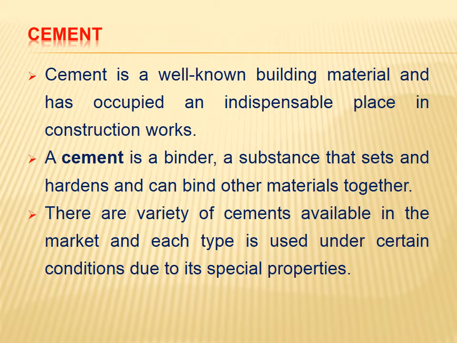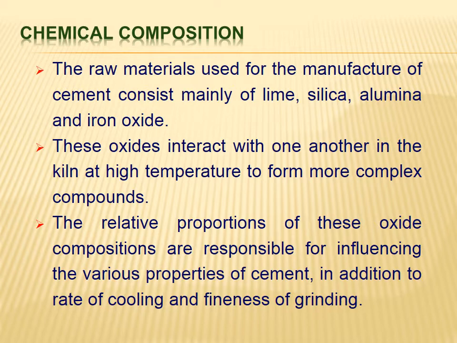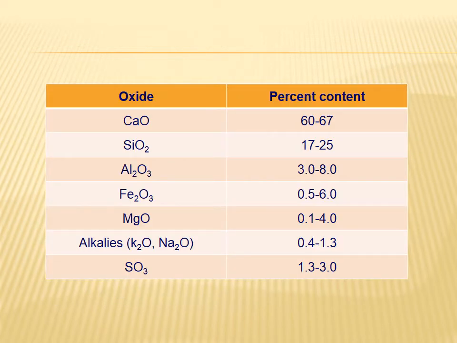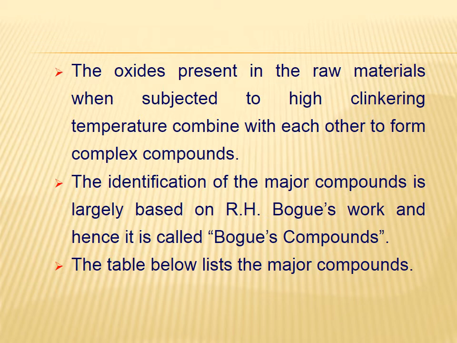As you all know, cement is a binding material. The raw materials used for manufacturing cement determine its chemical composition. The proportions are calcium oxide, silicon dioxide, aluminum trioxide, iron oxide, magnesium oxide, alkalis, and sulfur trioxide.